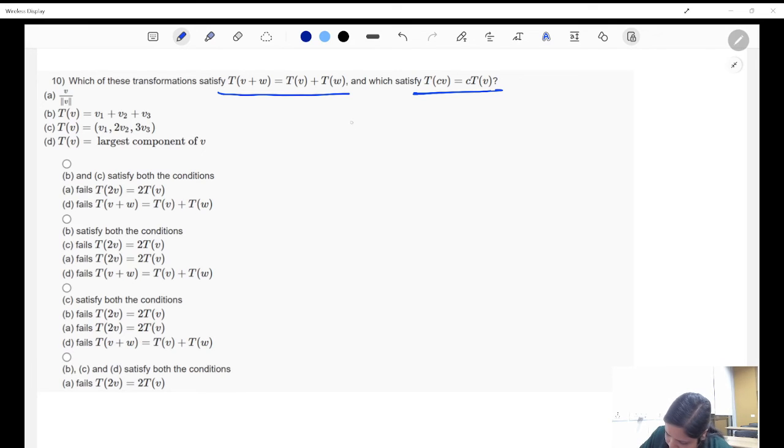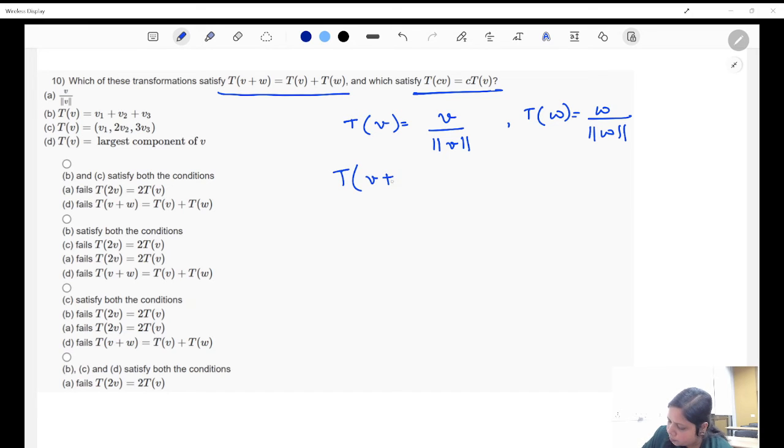Okay, so let's say for the first one, T(V) is given by V upon mod of V. T(W) is given by W upon mod of W, right? Now I also want to know what is T(V plus W). You would write it as V plus W upon mod of V plus W. Now let's compare.